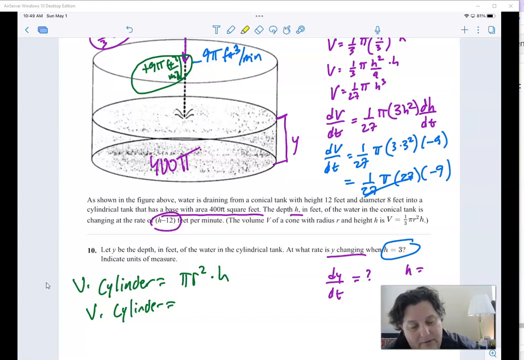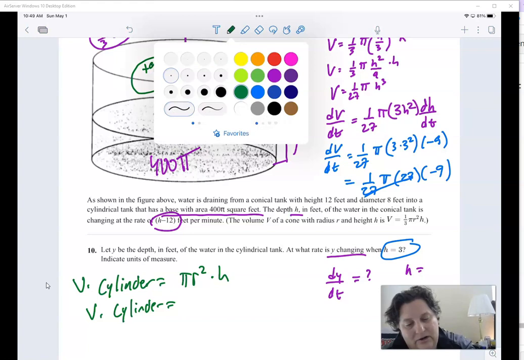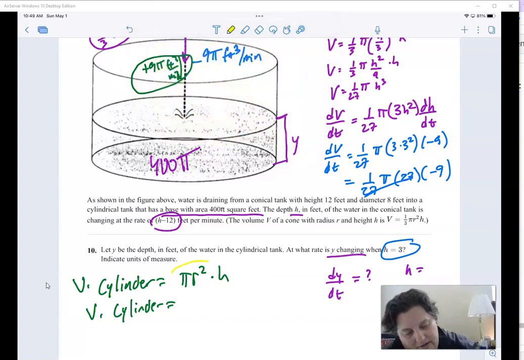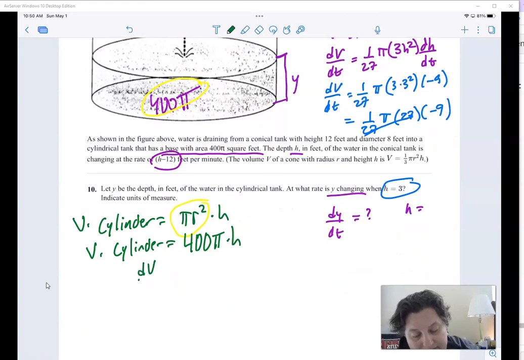Now, it didn't tell me what the radius is, but it actually gave me this entire pi r squared, didn't it? It told me pi r squared is 400 pi. I don't need to find the radius. The radius would be 20 and then put it back in there, right? But it told me the area of the base, and the area of the base was 400 pi times h. So the dV/dt for the cylinder is 400 pi dh/dt.